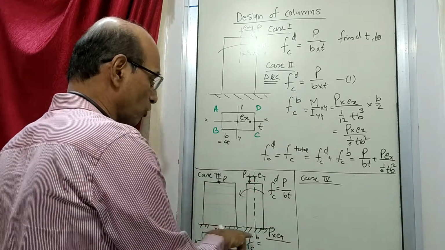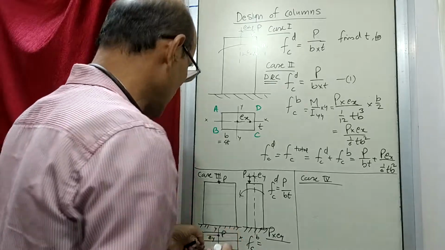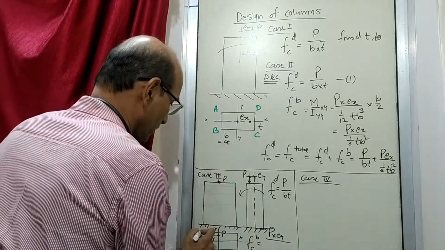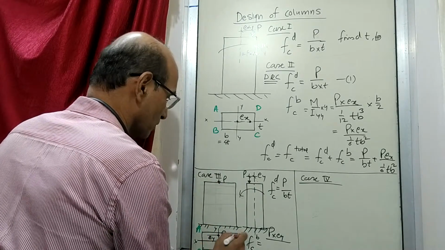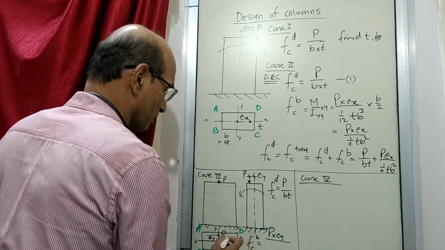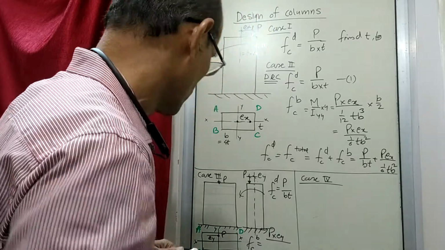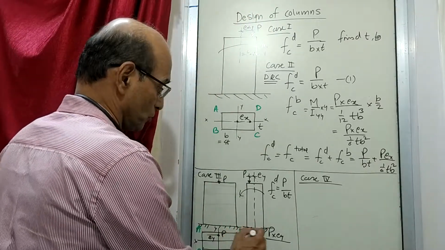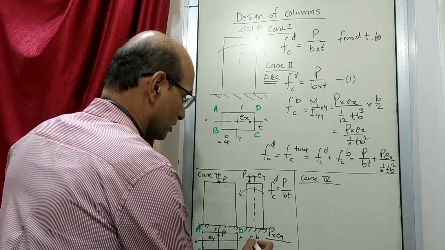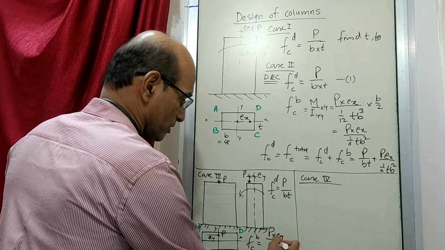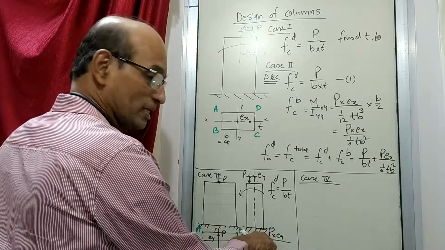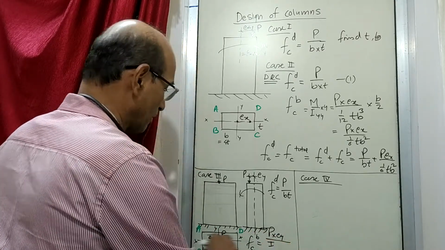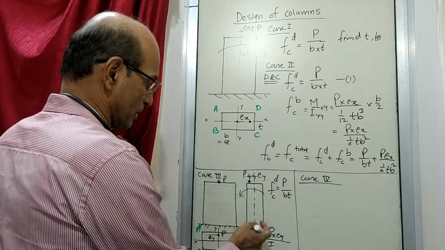So that bending will cause what kind of stress at the same points A, B, C, D. A is here, B is here, C is here, and D is here. So now at A and D the stresses will be compressive. So this bending stress will be P into Ey, that is the moment, upon I, which will be about the x axis now.